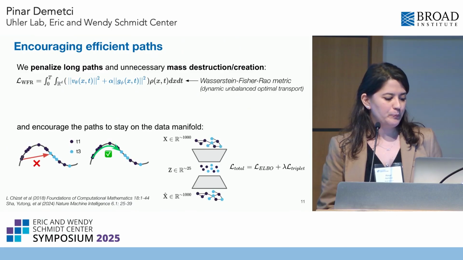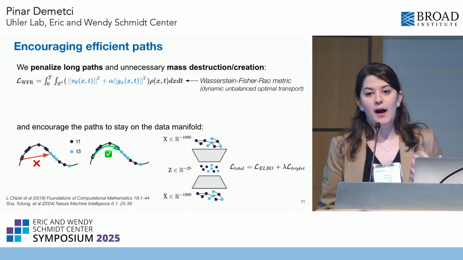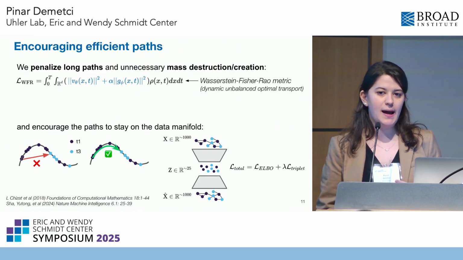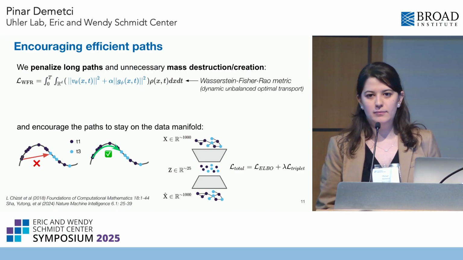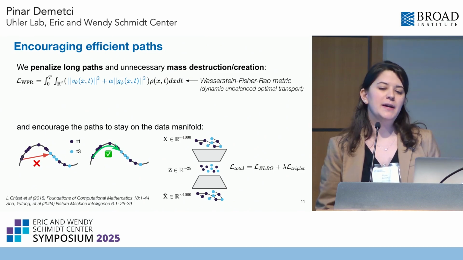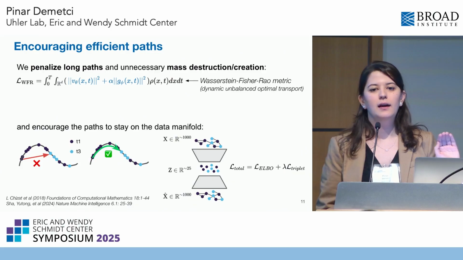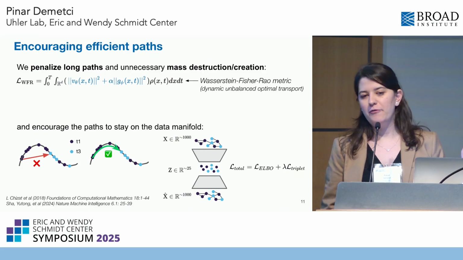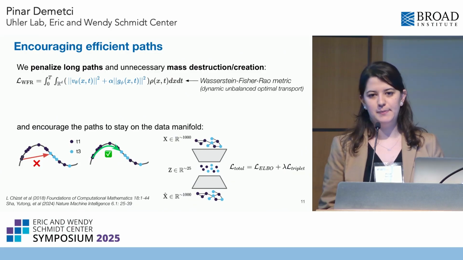And we also want to make sure that while we're trying to encourage shortest paths, the data flow actually happens on the manifold. And we are going to pre-train a VAE that basically uses a triplet loss to make sure relative distances in the neighborhood graph-based distances in the PCA space are also preserved in the VAE.